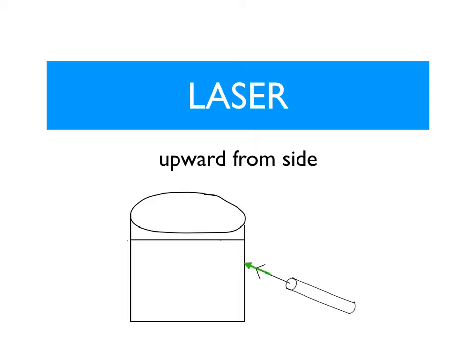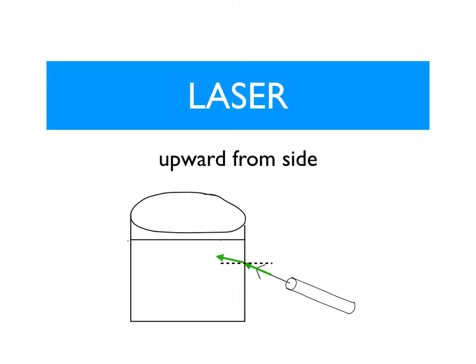Again, you turn on the laser, the green beam emerges, and it travels to the side of the beaker. We can draw the normal in, so we see the angle of incidence. We know that when light enters a more dense medium, it refracts. In this situation, it refracts towards the normal, as you see here.